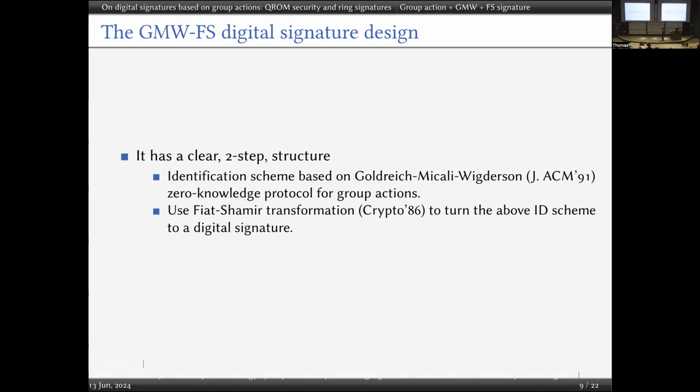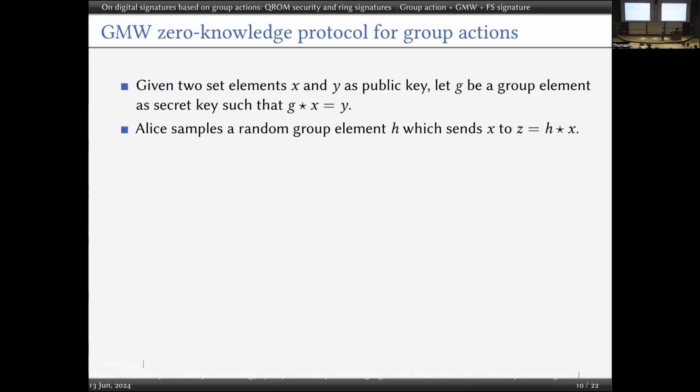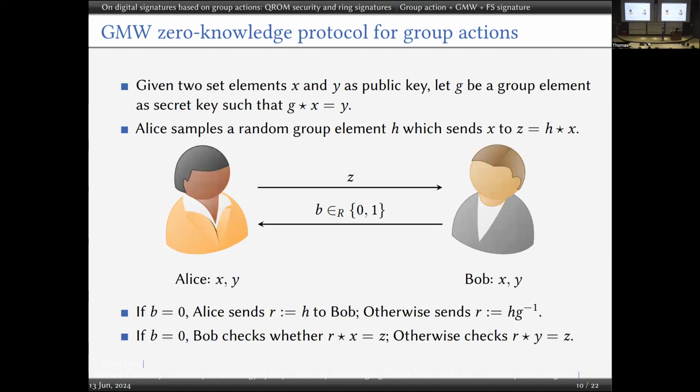How to use GMW plus FS to design a digital signature is clear in two steps. First, we have a GMW zero knowledge protocol, and we use the Fiat-Shamir transformation to turn the identification scheme into a digital signature. For the group action-based GMW zero knowledge protocol, X and Y are our public key, and we have a secret key G, which sends X to Y. The protocol is as follows.